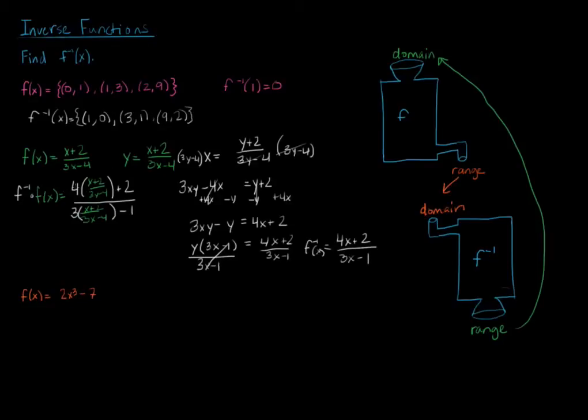We can multiply these numbers right into the numerator. So this would be (4x plus 8) over (3x minus 4), plus 2, which is 2 times (3x minus 4) over (3x minus 4), all over (3x plus 6) over (3x minus 4), minus 1 times (3x minus 4) over (3x minus 4). We need to have a common denominator here, so we're going to get 3x minus 4 as our common denominator.